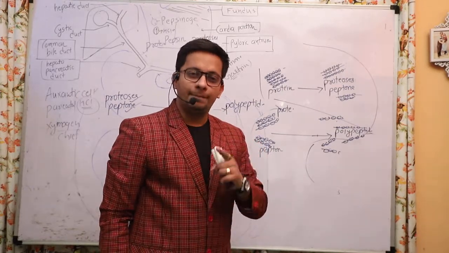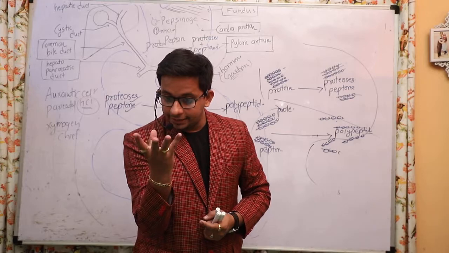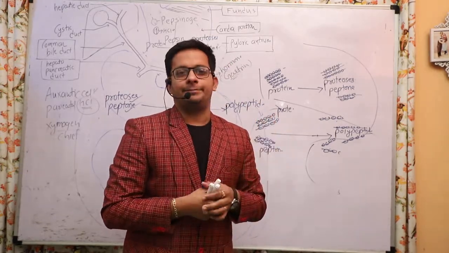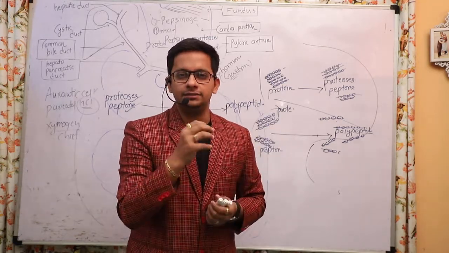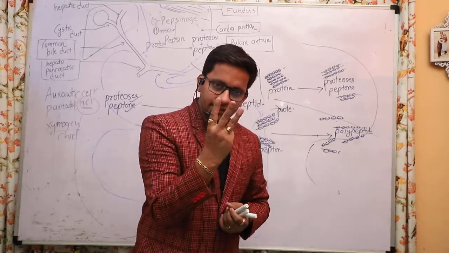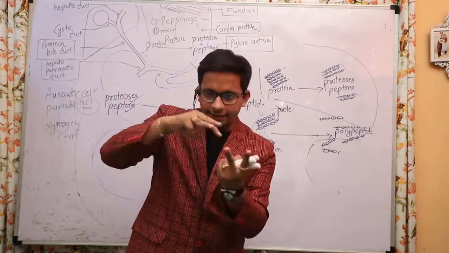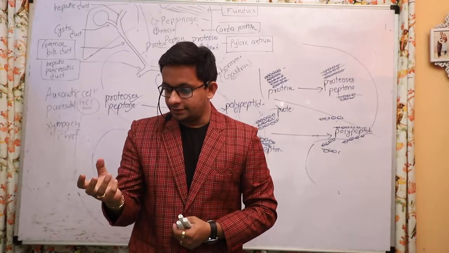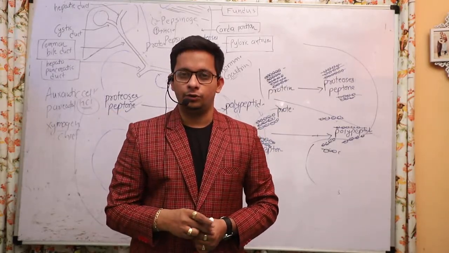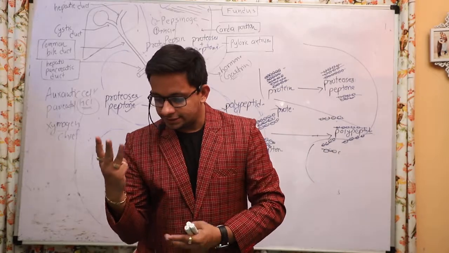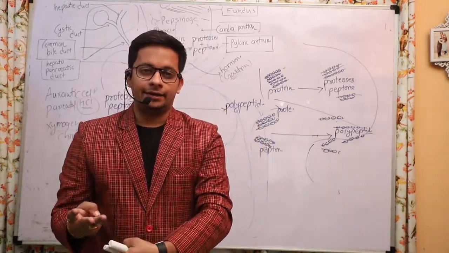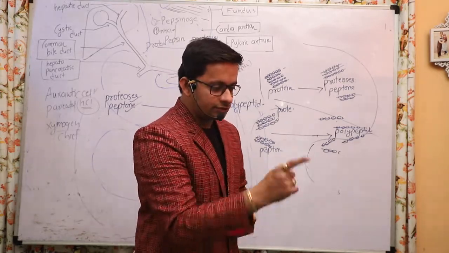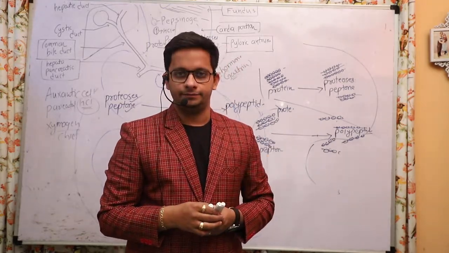So this active pepsin will convert protein into proteoses and peptone. This will happen in the stomach. Now proteoses and peptone will enter into the small intestine, into the U-shaped duodenum. These proteoses and peptone are digested again and again and converted into single polypeptide chains.